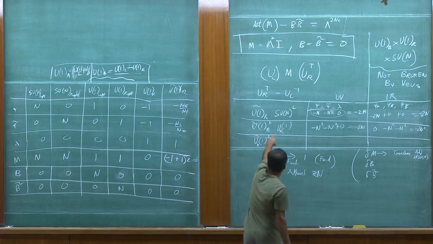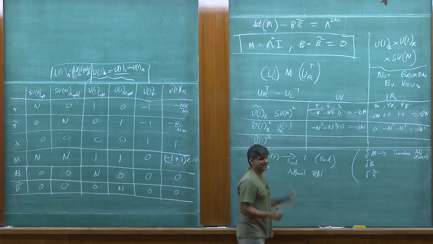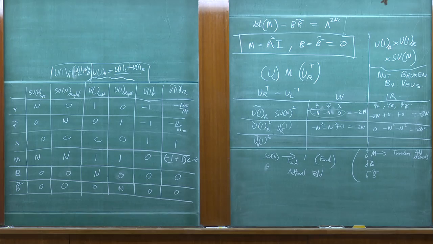You see, the fermions, how many fermions are there carrying U(1) baryon charge 1 and U(1) R charge minus 1? There are n squared of them, right? These fermions are some color and some flavor. Is this clear?